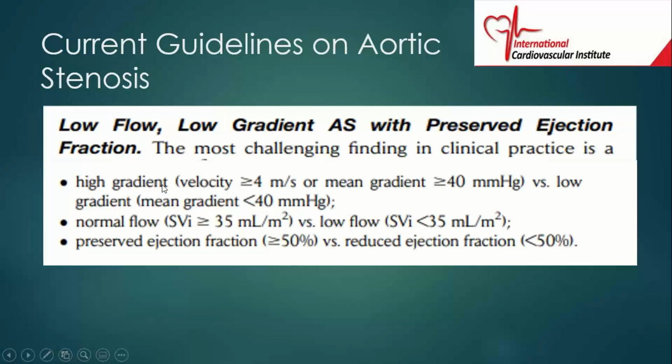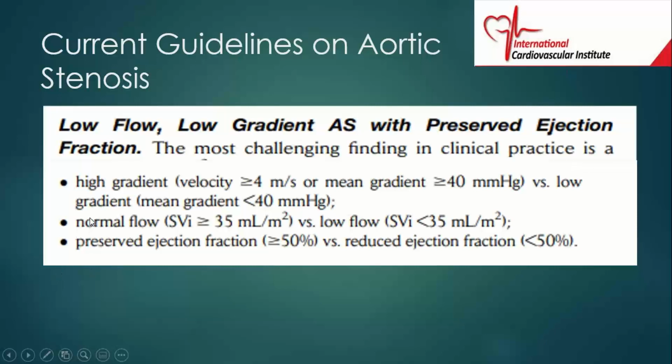But when you look at the gradient and the velocity, if the velocity is greater than or equal to 4 meters per second and the mean gradient is greater than or equal to 40, then this is a high gradient situation, versus a low gradient if the mean gradient is less than 40. So a patient comes, valve area is less than 1 centimeter squared, you look at the velocity and the gradient. If the velocity is greater than or equal to 4 and the mean gradient is high, this is a high gradient situation. If the mean gradient is less than 40, it's a low gradient situation, okay?